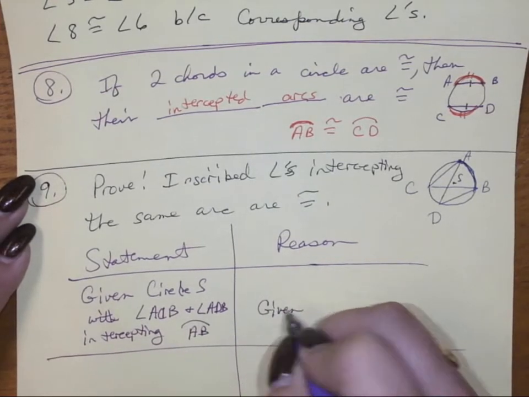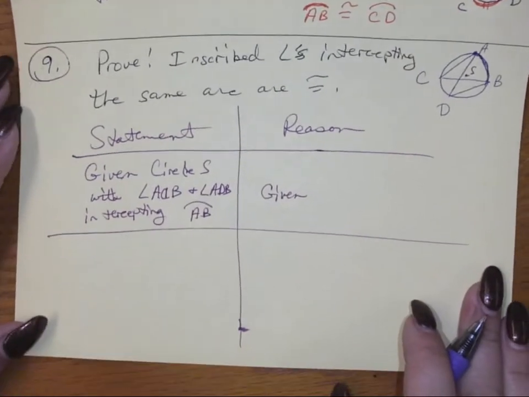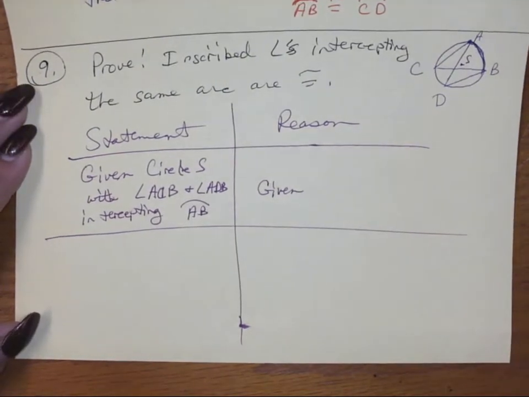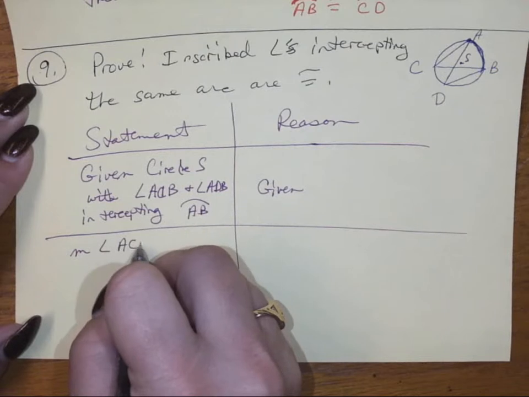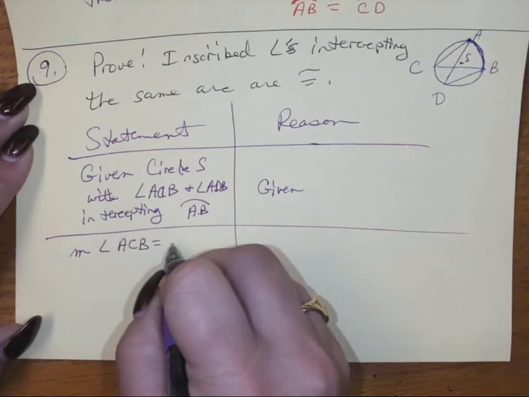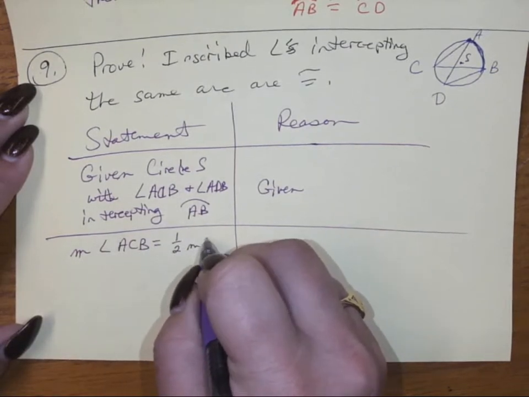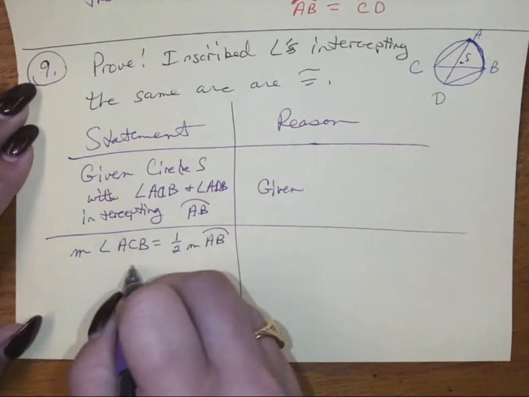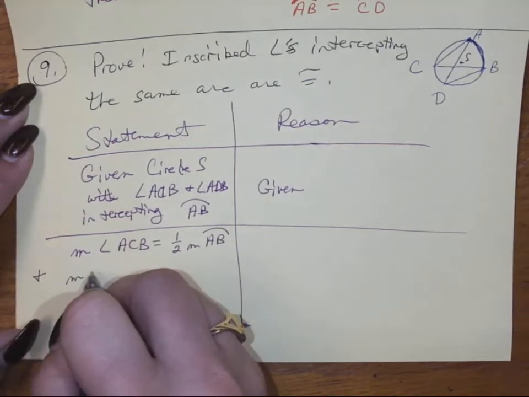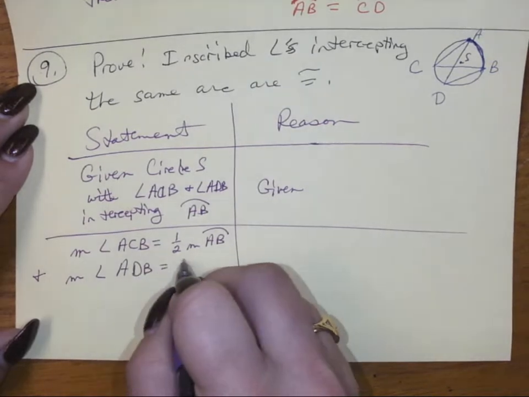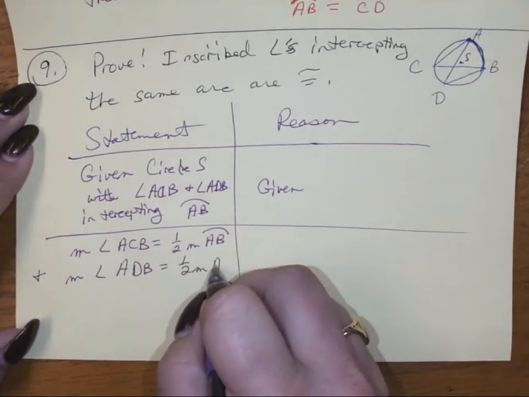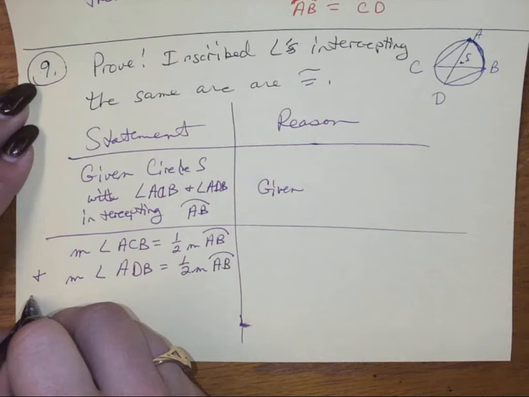So start there. Okay, what we know is that the measure of angle ACB is equal to 1/2 the measure of arc AB. And I also know that the measure of angle ADB is 1/2 the measure of arc AB.